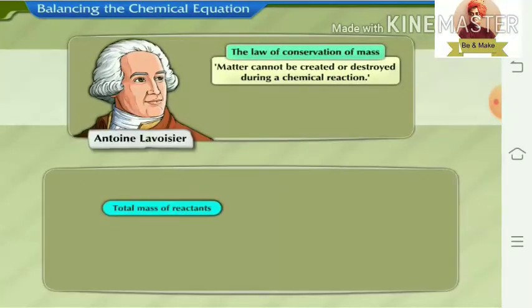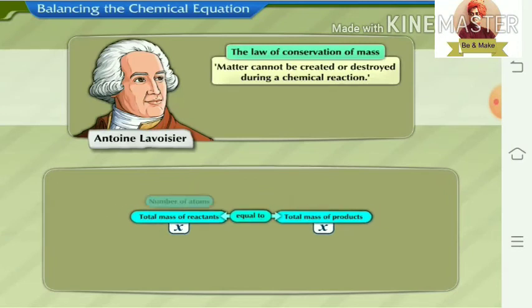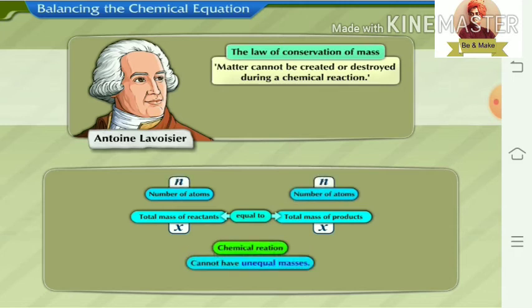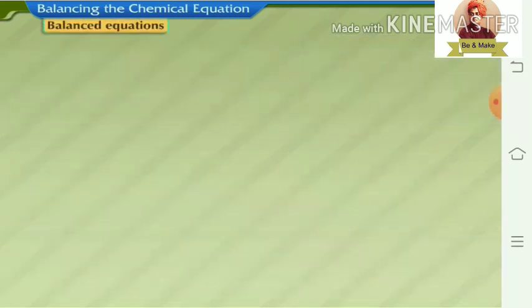Thus the total mass of the reactants is always equal to the total mass of the products. So according to the law of conservation of mass, the total mass of reactants and products in a chemical reaction remains conserved.